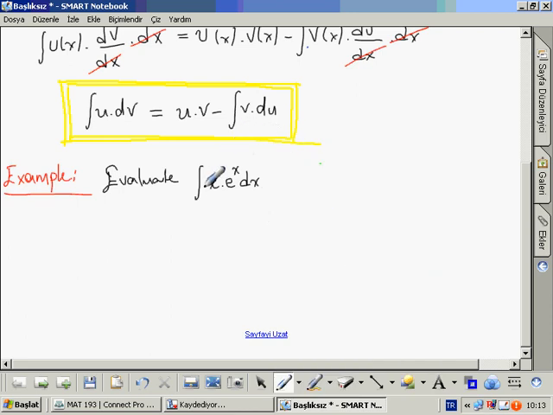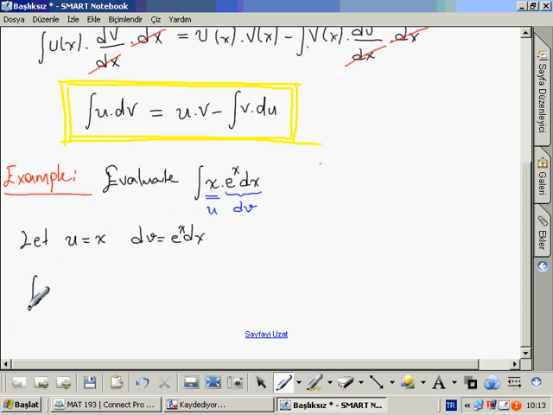Firstly choose x as u, and e to the x ∂x is ∂v. So let u equal x and ∂v equal e to the x ∂x.